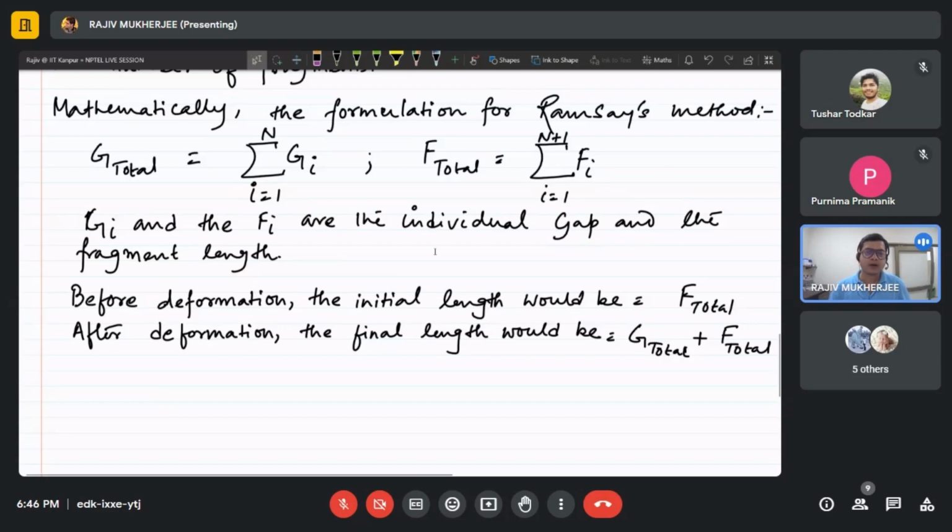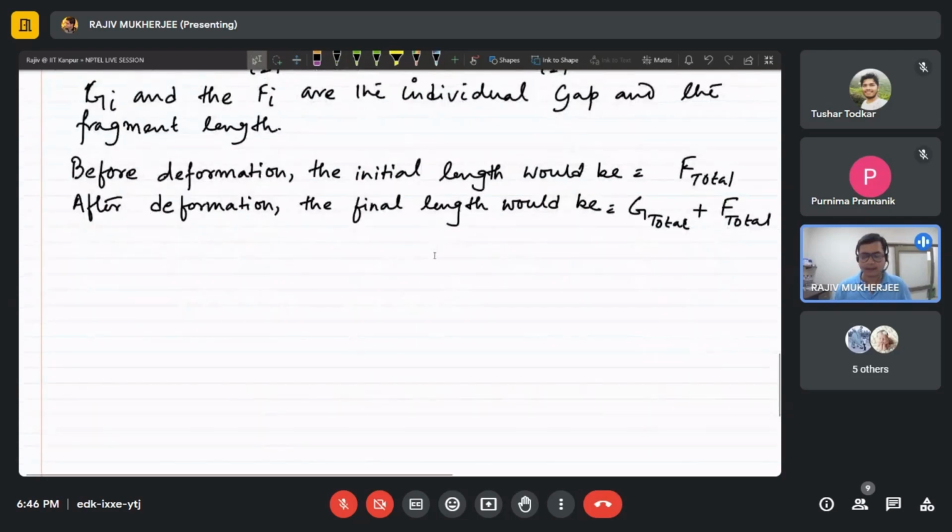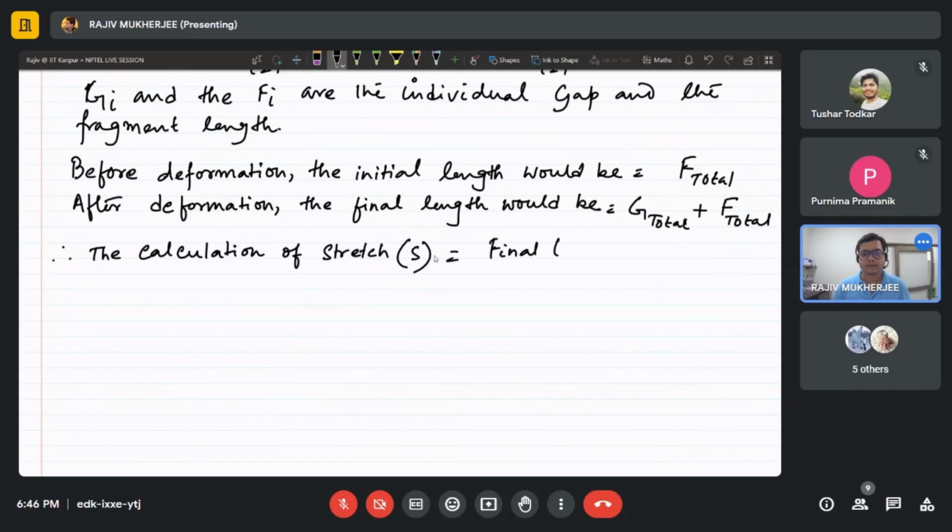So now if we are to calculate the stretch S, we would simply have final length by the initial length, right?